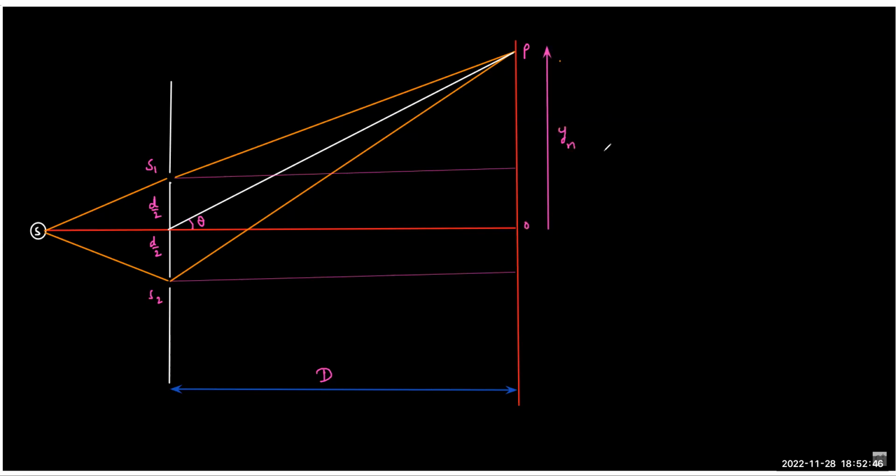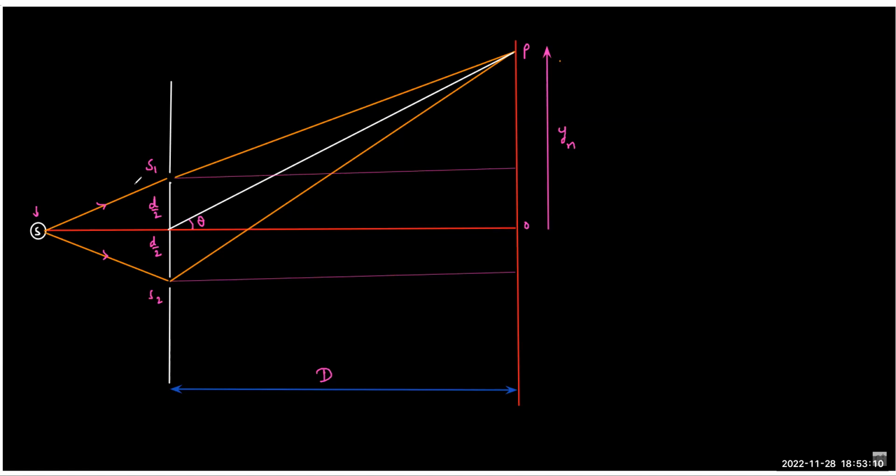Sir, when you say SS1, SS2 does not contribute to the path difference, you mean like directly? Yeah. Because the source is here, whatever wave will start traveling from the source up to S1, S2, there is no difference, isn't it?